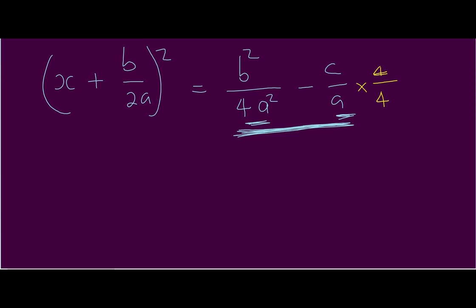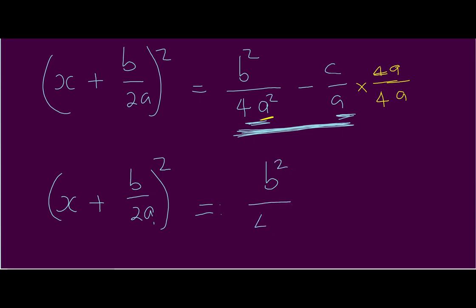And then, because this is squared, I'm going to also multiply a and a together. Then from here, I'm going to just write this side as it is. Equals, then we have b squared divided by 4a squared minus c times 4a, which is 4ac, divided by a times 4a, which is 4a squared, right?